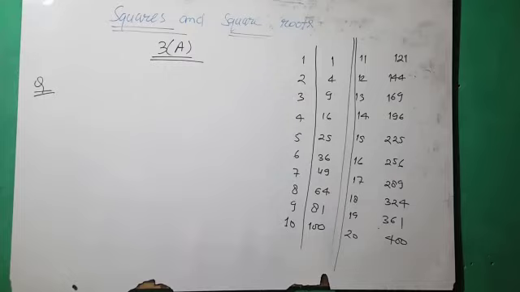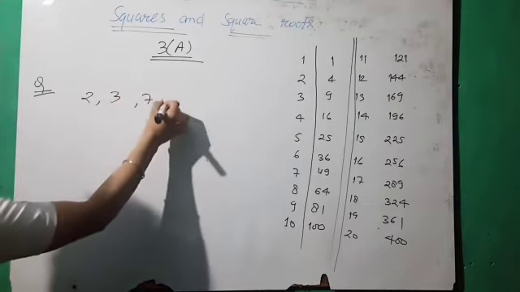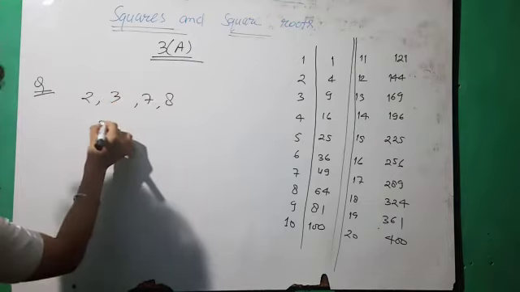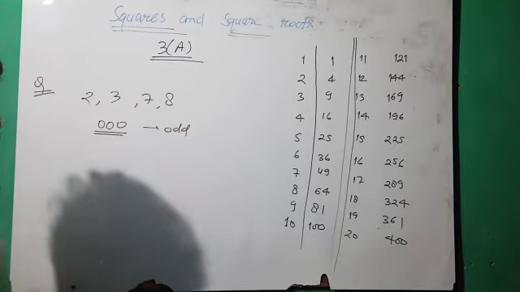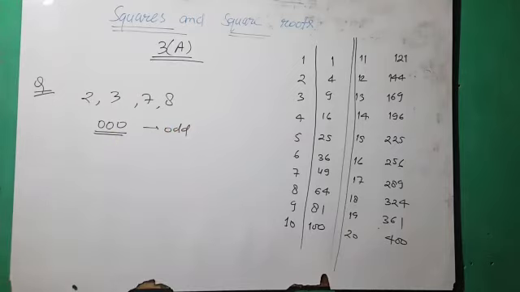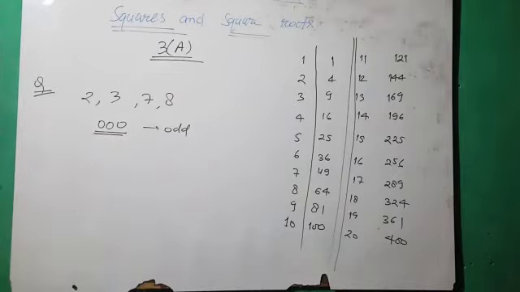In all these numbers we have digits like 2, 3, 7 and 8, or the number of zeros is odd. This is the property of squares: if a number ends with 2, 3, 7, 8 or the number of zeros is odd, then the number is not a perfect square.